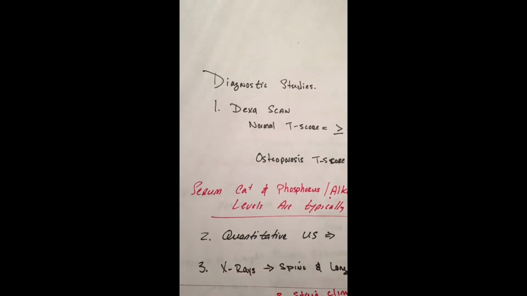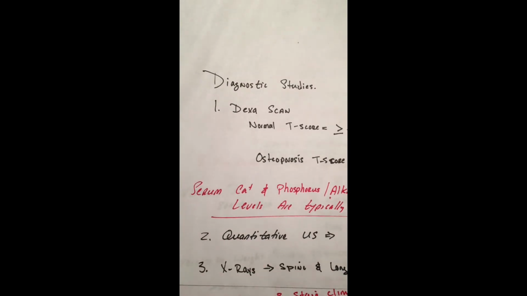Unfortunately, for osteoporosis, you don't really know that osteoporosis exists until either the patient falls down, they suffer some type of fracture, for example, a vertebral fracture, or family members notice that there's something like kyphosis going on. Because if you were to do an X-ray, it's really not going to show much.